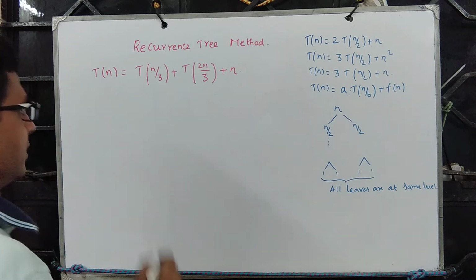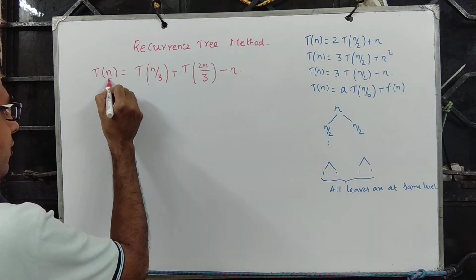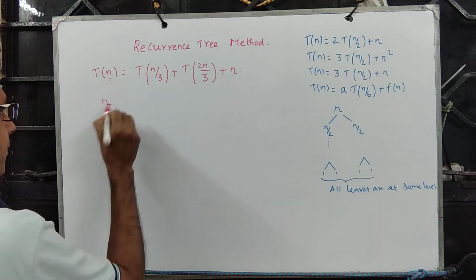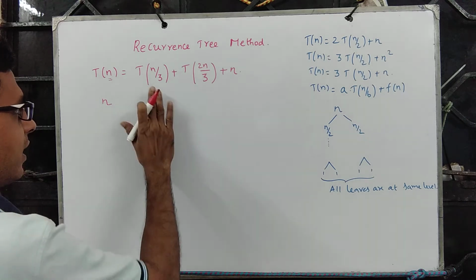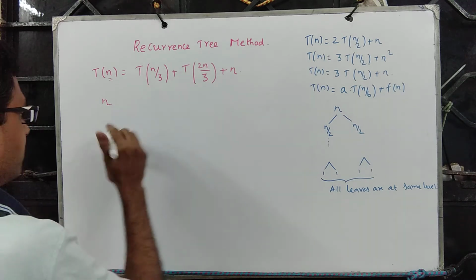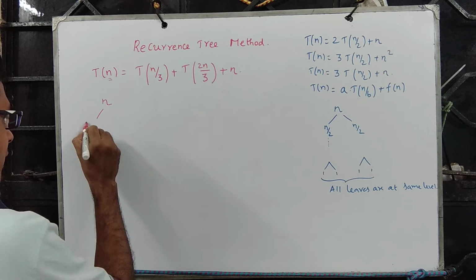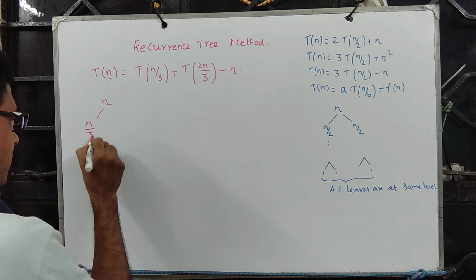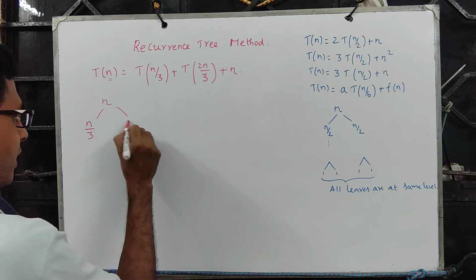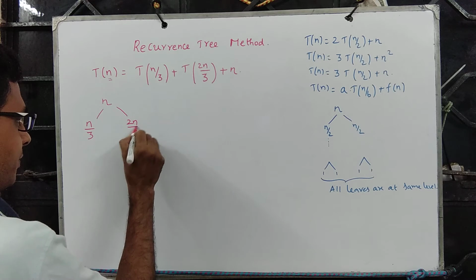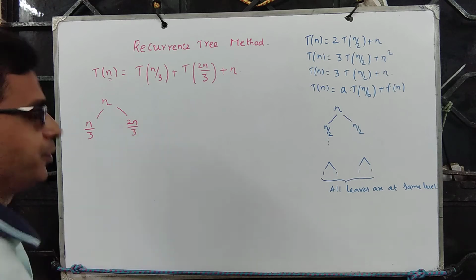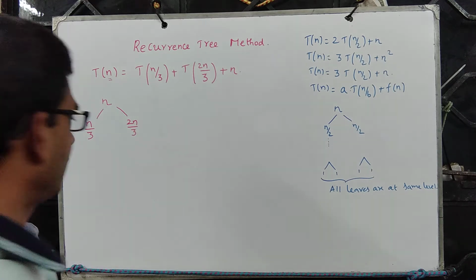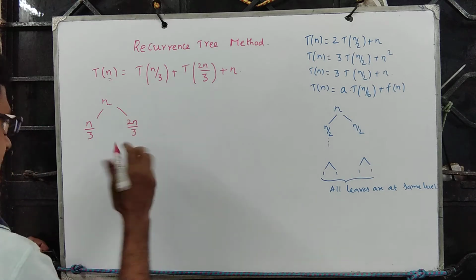What this says is, to solve a problem of size n, we create two subproblems. For subproblem 1, problem size is n by 3. For the second subproblem, it is 2n by 3. Please note, this happens recursively.